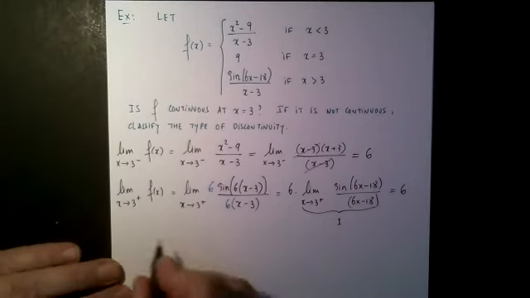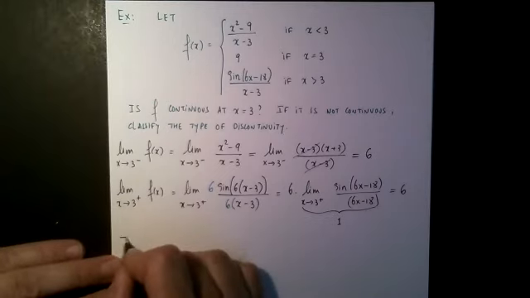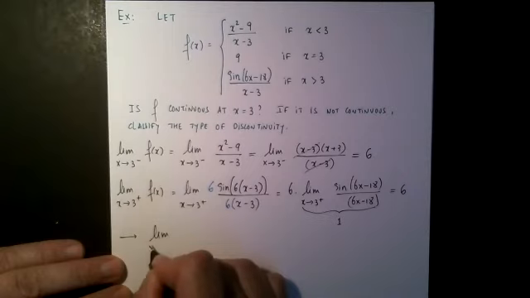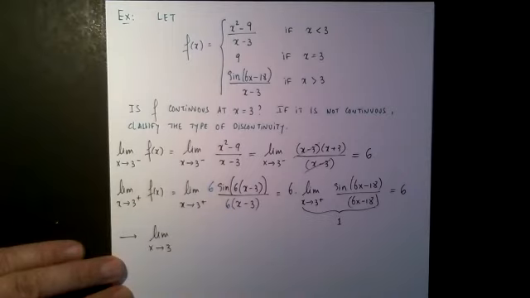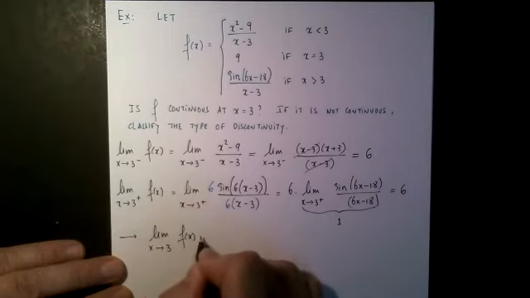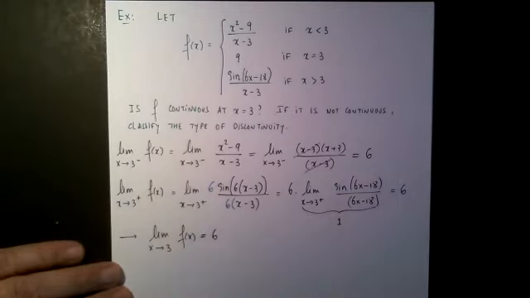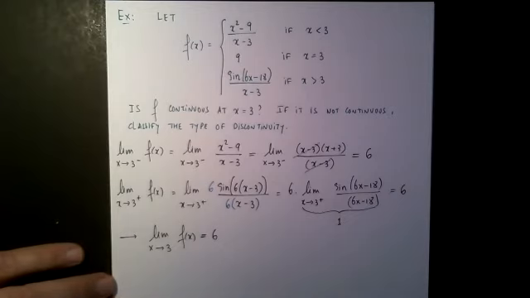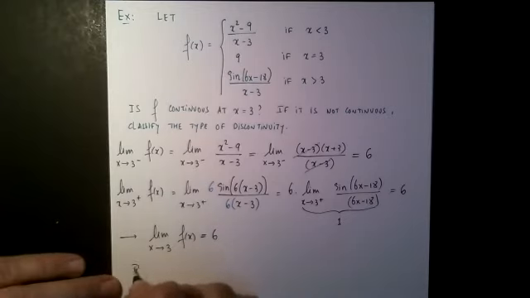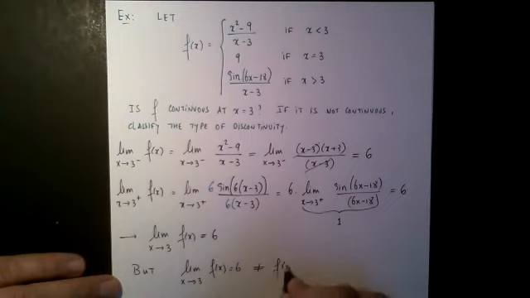The only thing I need to check now is, therefore, the limit as x approaches 3 of f of x is equal to 6, right? Because left and right are the same. But unfortunately, the limit as x approaches 3 of f of x equals 6 is not equal to f of 3, which is 9, right?